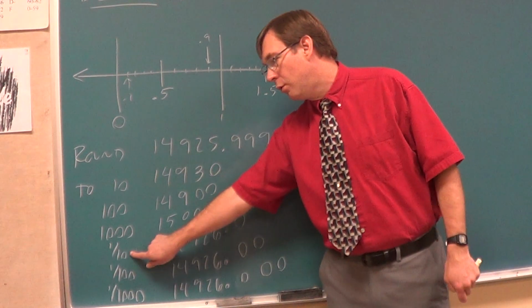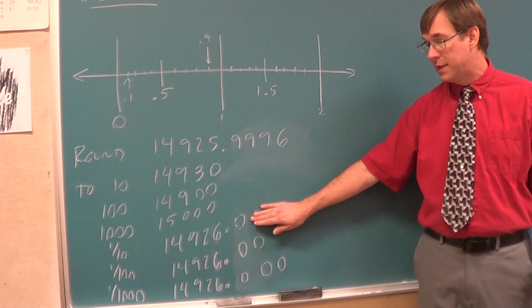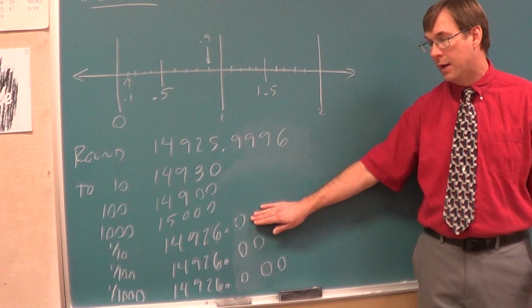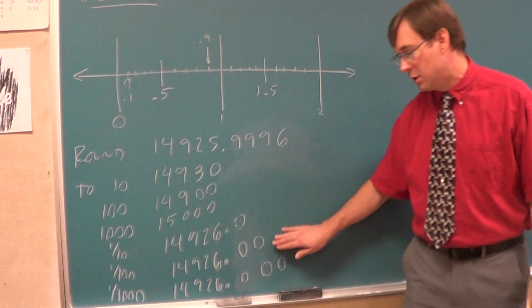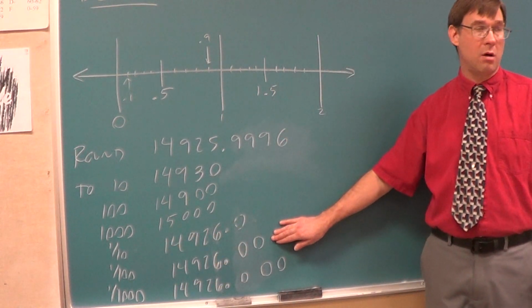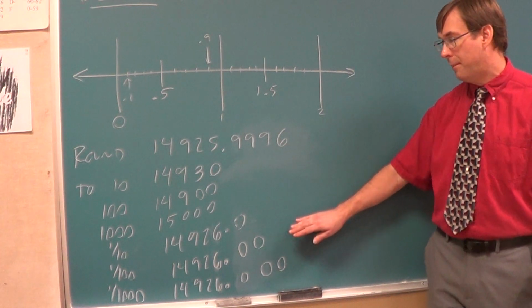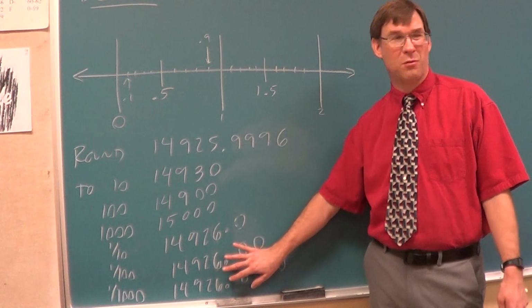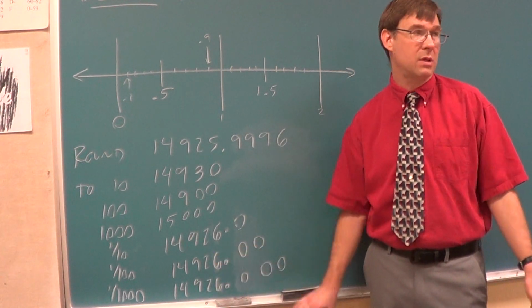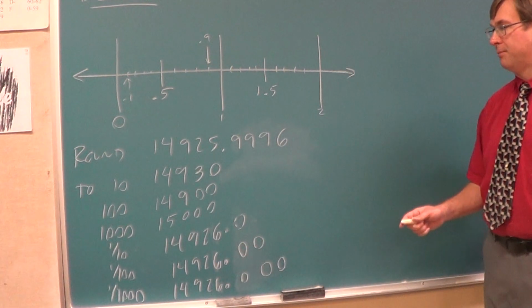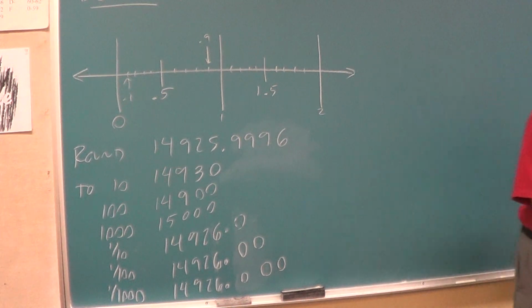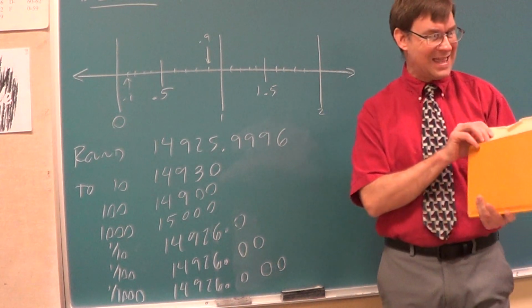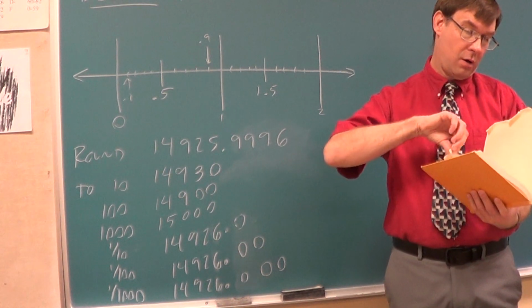So if you're told to fill the tenths, and you fill the tenths, I'm not going to argue with that. If you're told to fill the hundredths, and you have zeros filling the hundredths, I'm not going to argue with that. I'm fine with that. But if you decide to use yesterday's lesson and take away the things that don't really need to be there, I'm okay with that too. I think the answers in my book leave the numbers there.